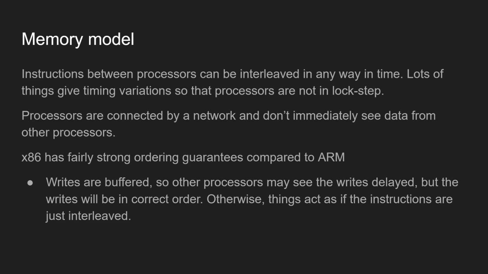As far as I'm aware, no major modern processor acts as something that's fully sequentially consistent, because that's very difficult and slow to implement. x86 provides one of the stronger memory models, and ARM provides a somewhat weaker memory model. Here I'm going to be focusing on x86 because that's what I have and that's what I'm targeting.